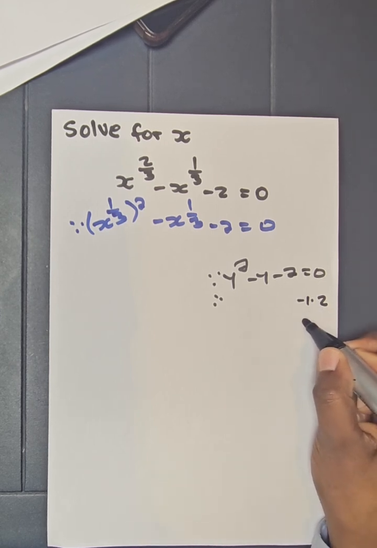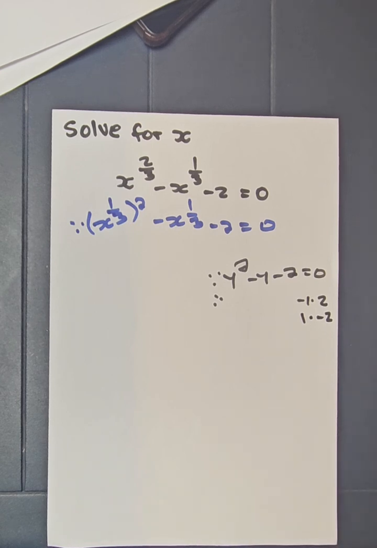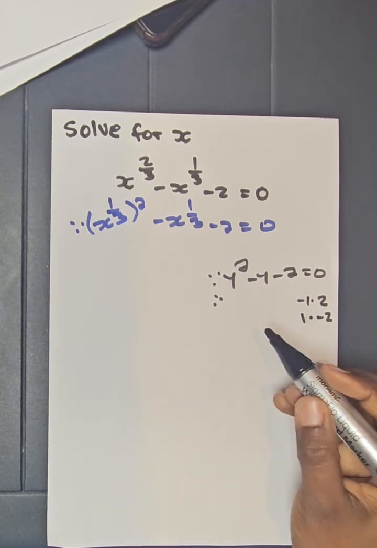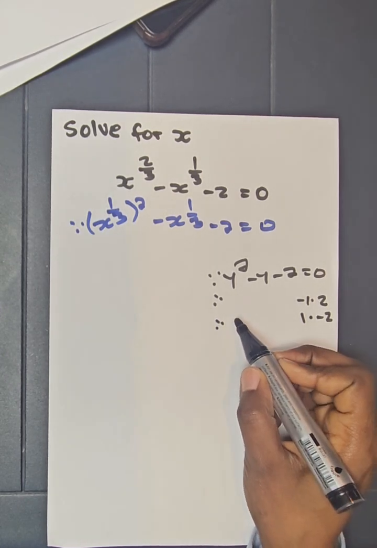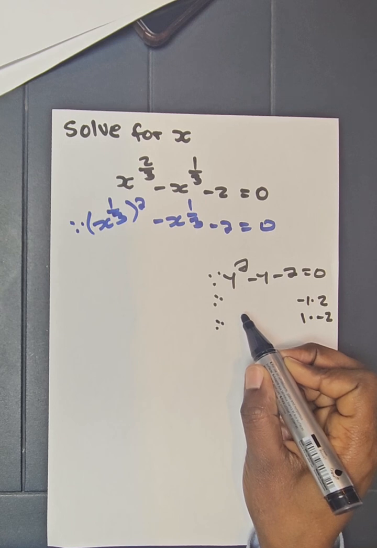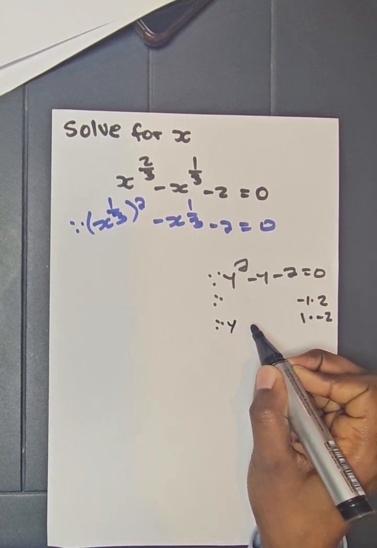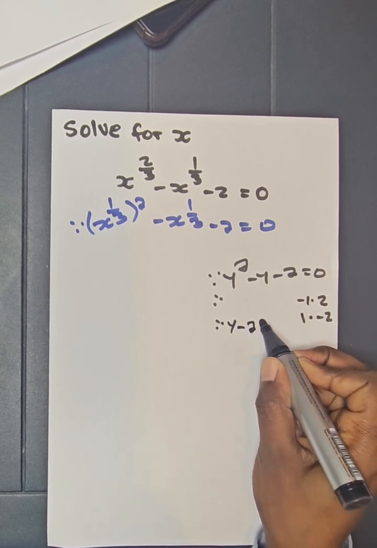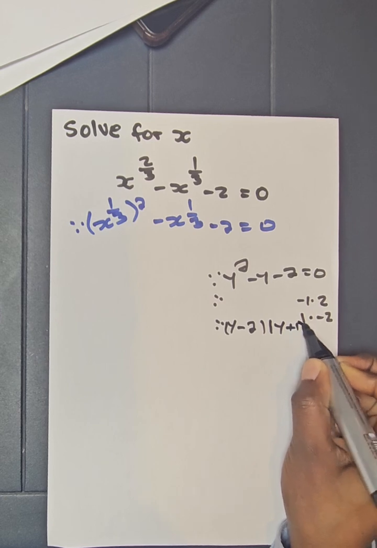Okay, let's change the sign and say 1 times -2. Will this give us the coefficient of y, which is -1? Yes, because -2 plus 1 gives us -1. Therefore, our factors of y squared minus y minus 2 equals 0 will be y minus 2 times y plus 1.